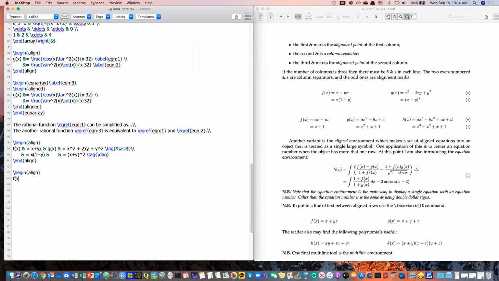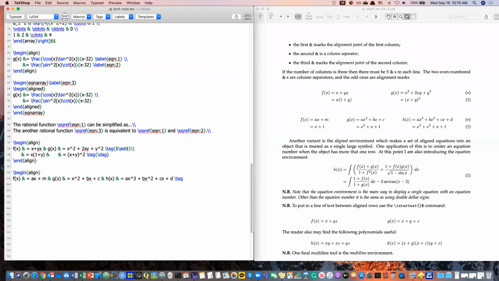Then f of x equals ax plus m, and g of x equals ax squared plus bx plus c, and h of x equals ax cubed plus bx squared plus cx plus d.